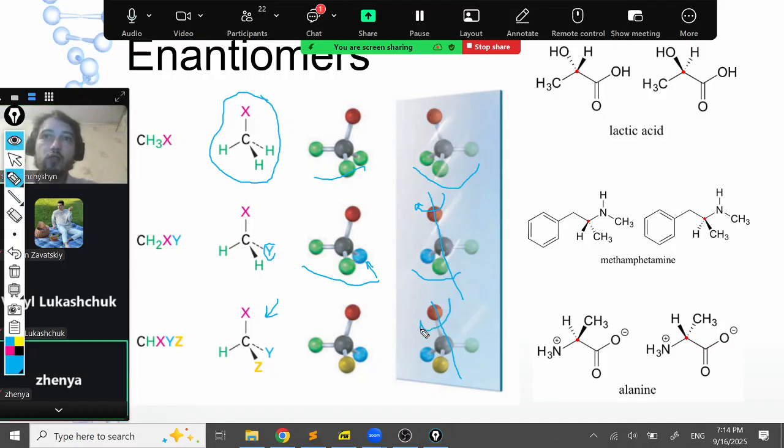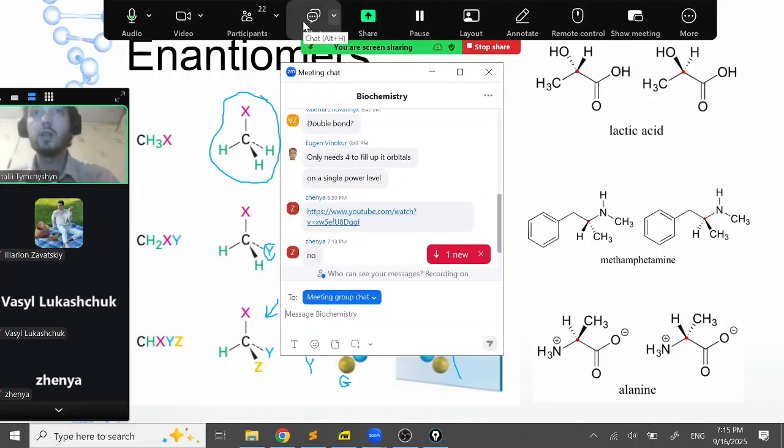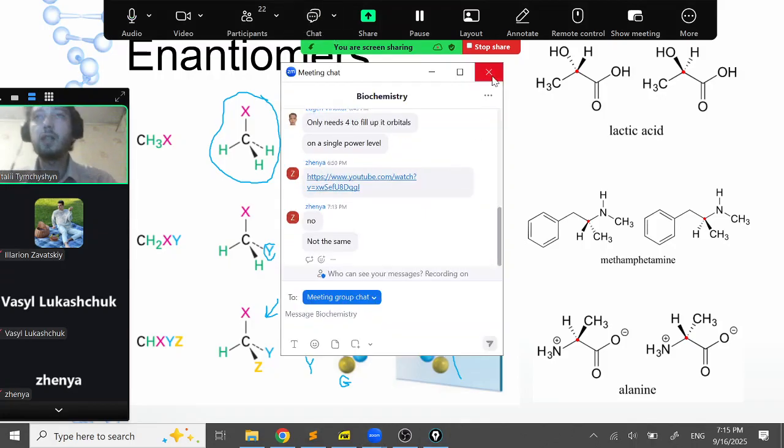If I try to rotate around this bond, I can make this blue ball and this blue ball coincide, but I will have a yellow ball instead of the green ball and a green ball instead of the yellow ball. So rotating and translating that in space will not give me the same molecule.